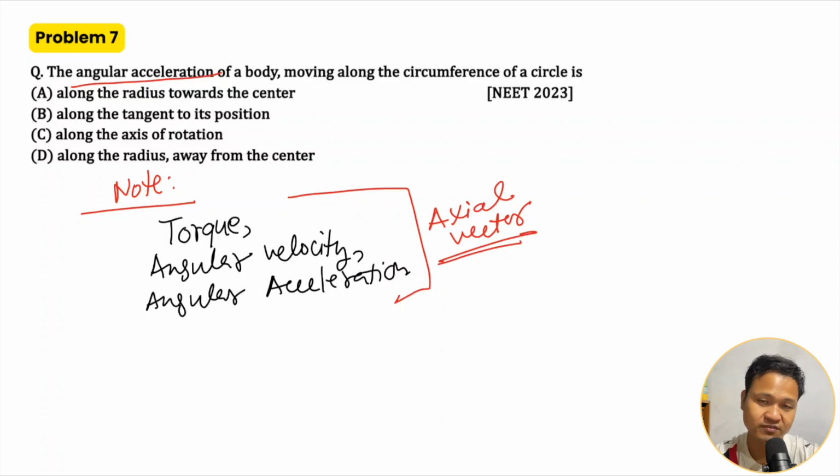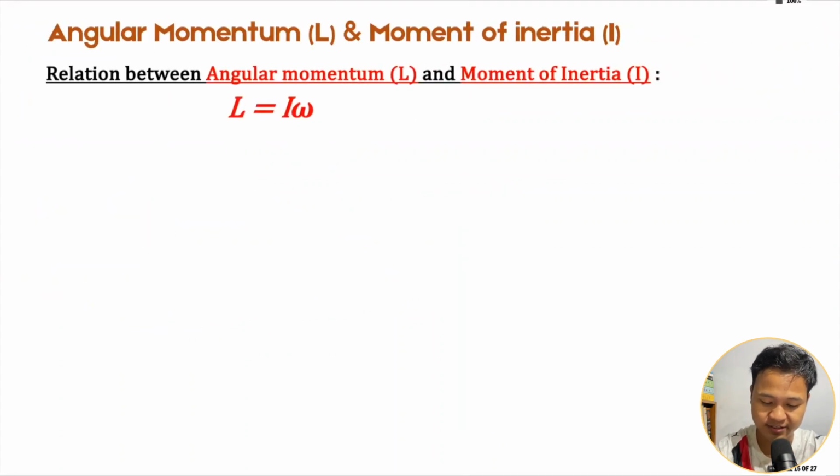Their direction is always along the axis of rotation. So they are called axial vectors, along the axis of rotation.